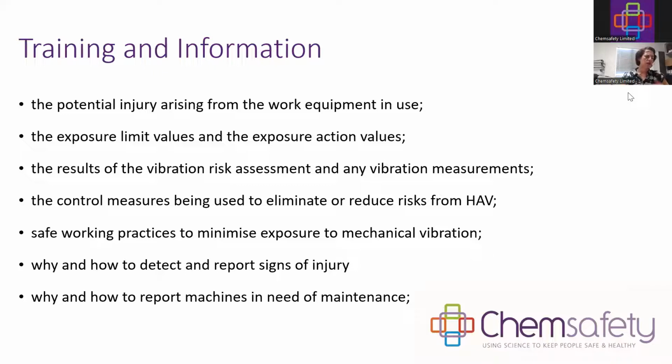And then also just explaining what the exposure limit values and the exposure action values are and what's the significance behind them. And then also, if you're doing a vibration risk assessment or any vibration measurements, just to relay the results to them and what control measures are being used to eliminate the risk from hand-arm vibration.